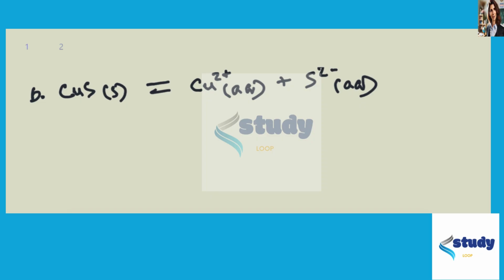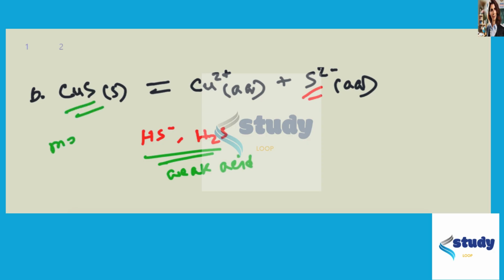Again, this S2 minus will interact with the protons from the acid to form HS minus or H2S. Since both of them are weak acids, the copper sulfide will be more soluble in acidic solution.